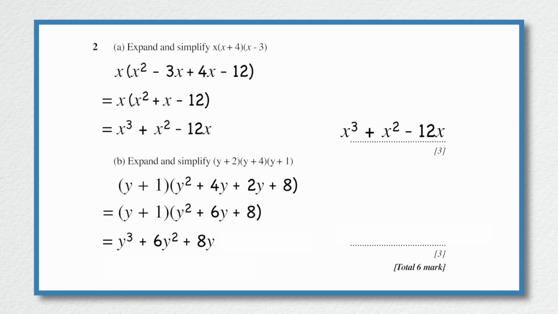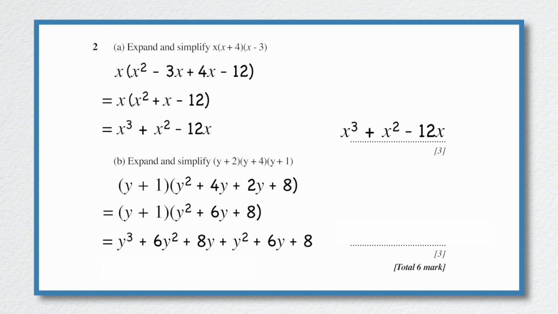We are then going to multiply through by 1, which will basically be y squared add 6y add 8. So we have y cubed add 6y squared add 8y add y squared add 6y add 8. And this will give you 1 mark.